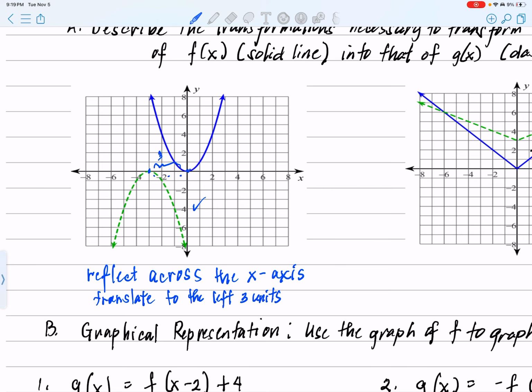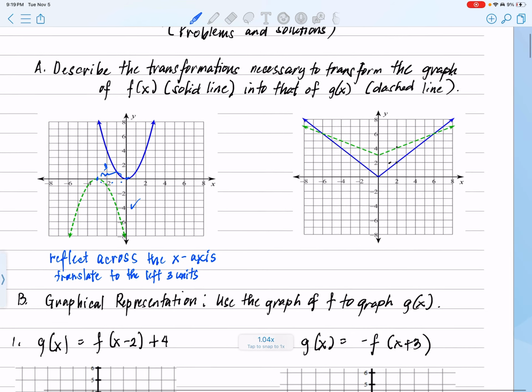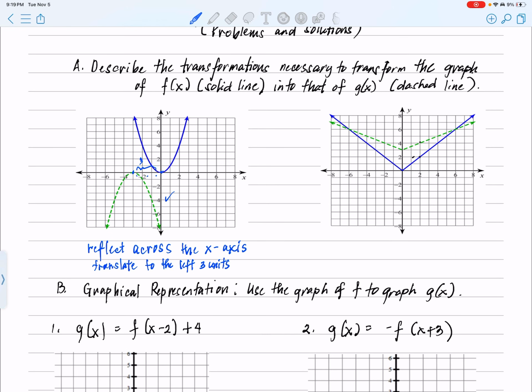Okay. Let's have the number 2. This is an absolute value function graph. So the solid, this is the original graph, and this is the g of x, which is the dashed line.